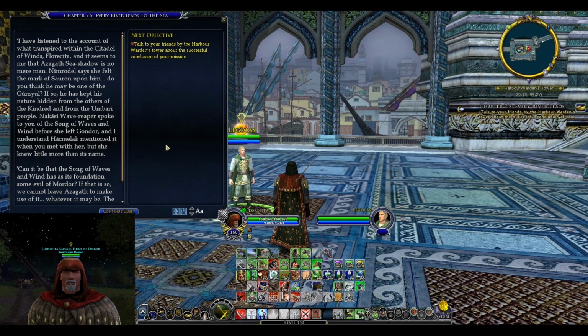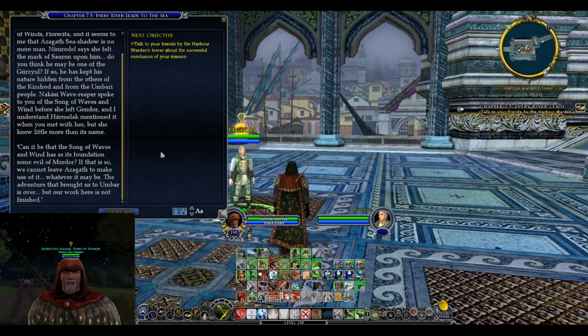Misaki Wave Reaper spoke to you of the Song of Waves and Wind before she left Gondor, and I understand Harmelik mentioned it when you met her, but she knew little more than its name. Can it be that the Song of Waves and Wind has at its foundation some evil of Mordor? If that is so, we cannot leave Azagath to make use of it. Whatever it may be, the adventure that brought us to Umbar is over, but our work here is not finished.